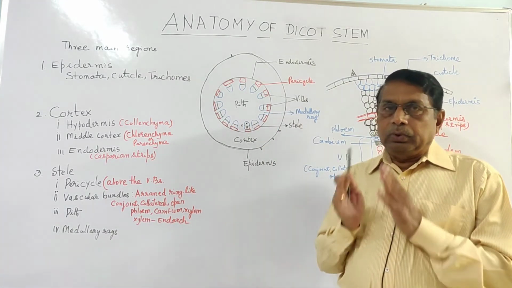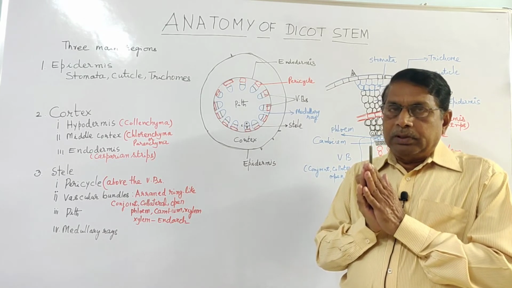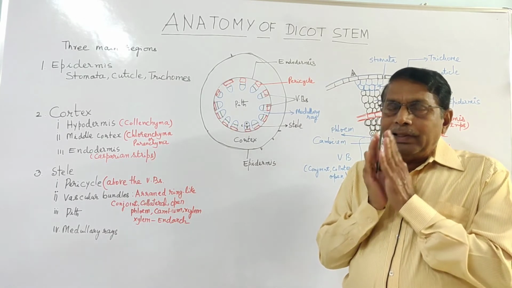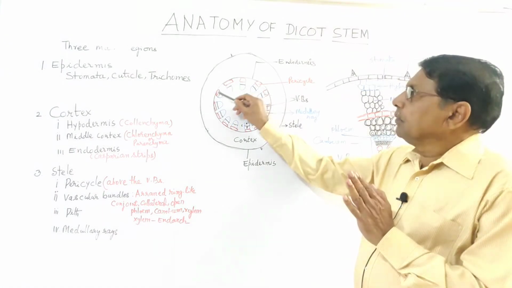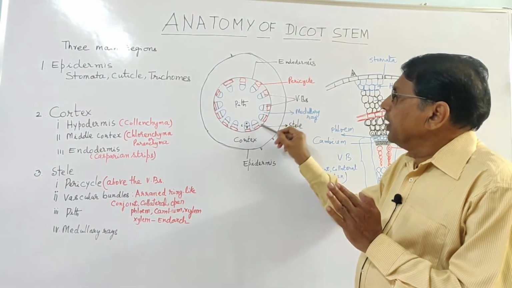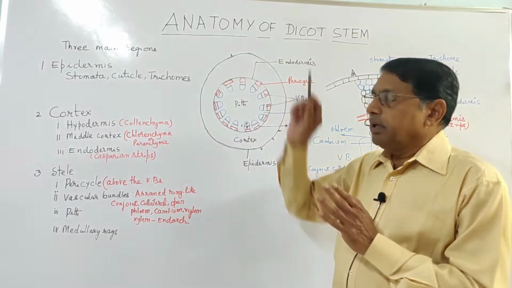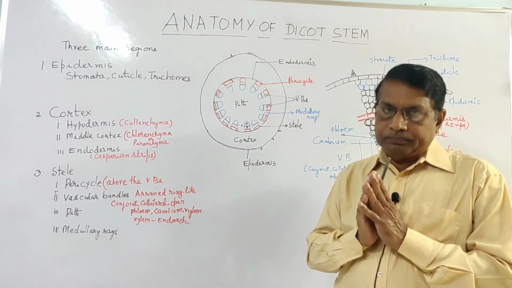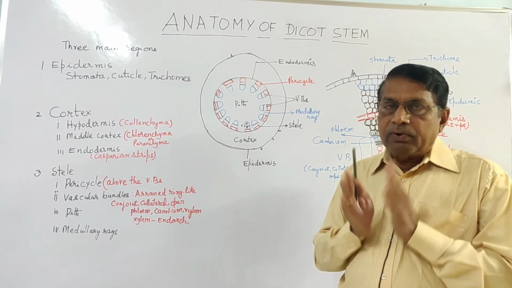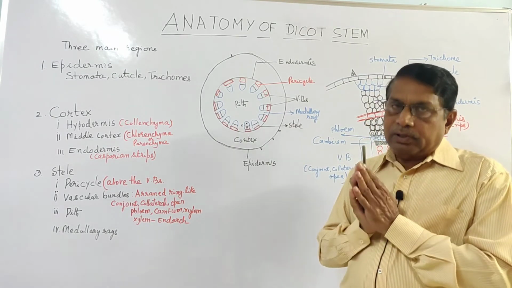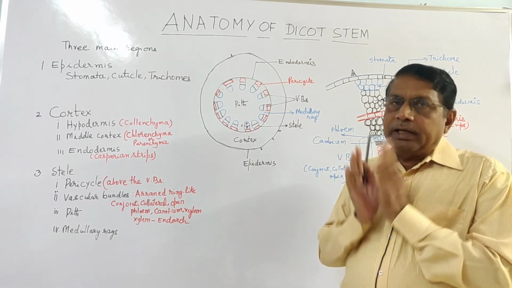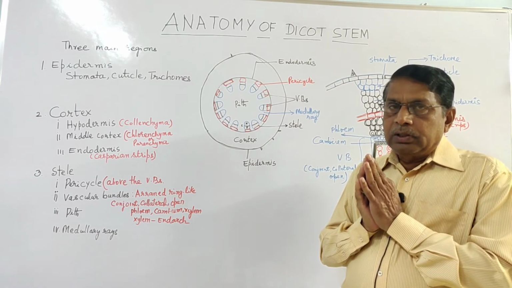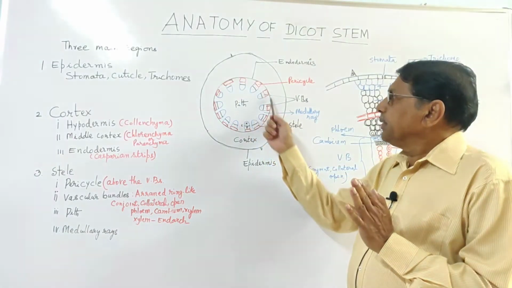Now, if you go into the details, these are pericycle. Pericycle, 2 points we have to remember. This is found only on the outside of the vascular bundles. It is not continuous, it is discontinuous, found only above the vascular bundles. The second point is, it is sclerenchymatous.